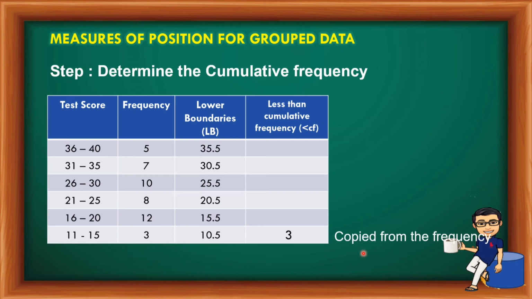Okay, so that's the first thing that you need to work on para makuha natin yung cumulative. Then after that, yung 3 na sagot natin dito, ipa-plus natin sa frequency ng class na kasunod, which is 12. That means to say 3 plus 12. Then that will be 15. The next is yung 15 naman na nakuha natin dito, we are going to add it to the next frequency.